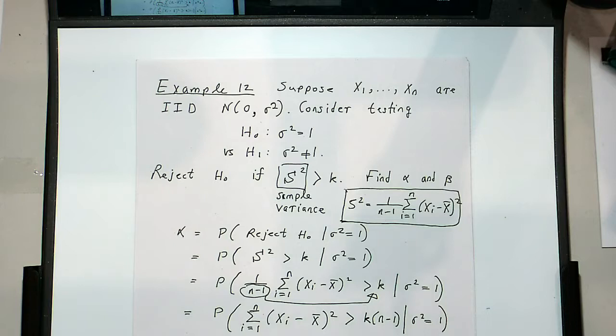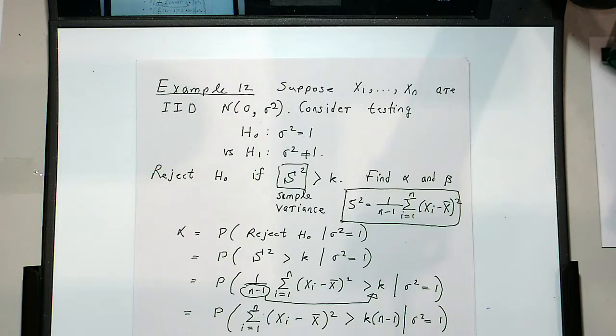Now let me go back to the chi-square distribution. One of the properties I gave you is this one here. Do you remember property number 3, which says that if you have a random sample from a normal with 0 mean and variance sigma squared, then this guy here has a distribution which is sigma squared times chi squared n minus 1?